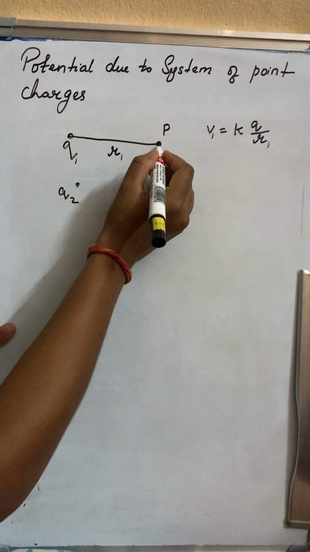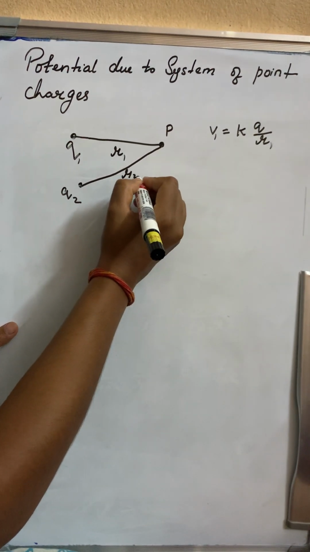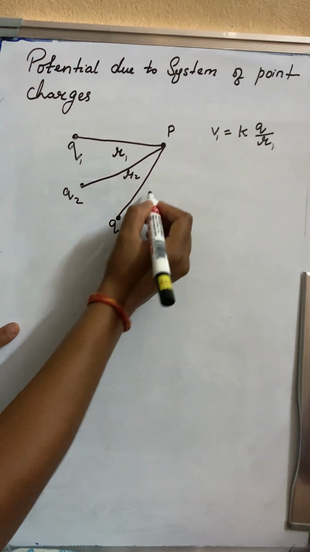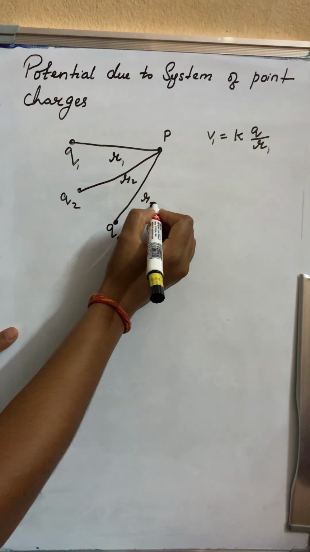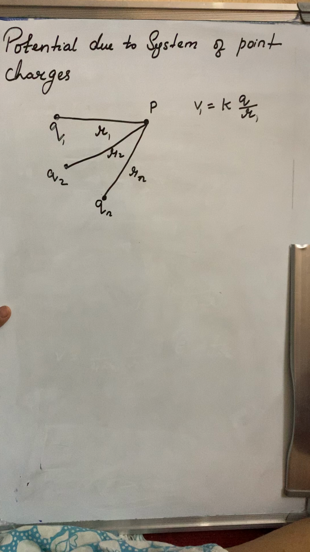Let's say this q2 is at the distance of r2, and qn is at the distance of rn. Similarly, let's say q3, q4 are at the distance of r3, r4 respectively.